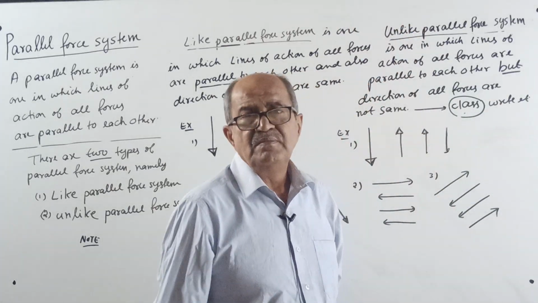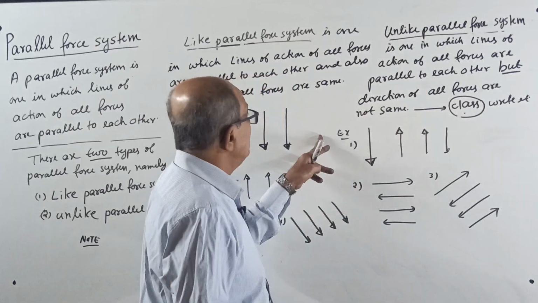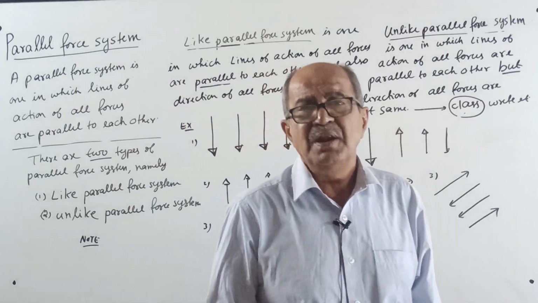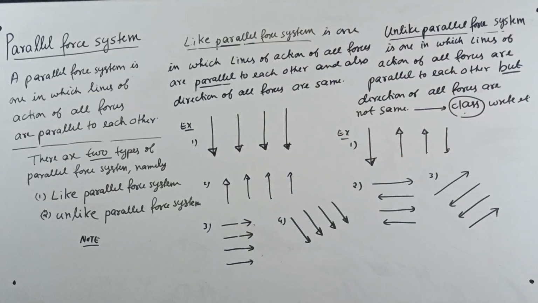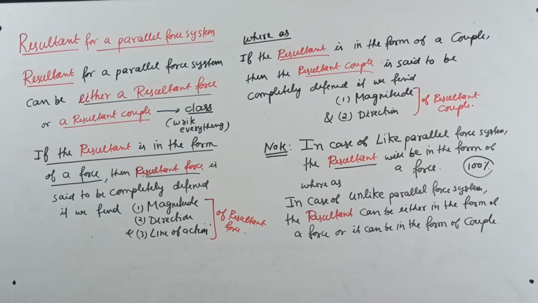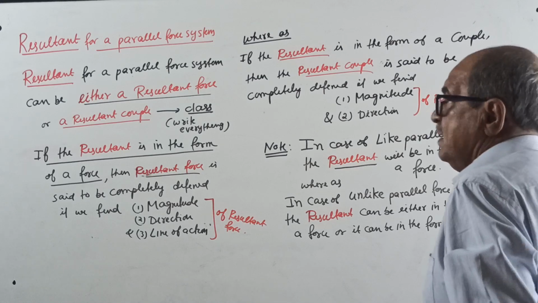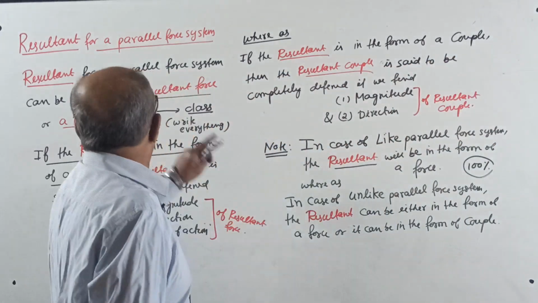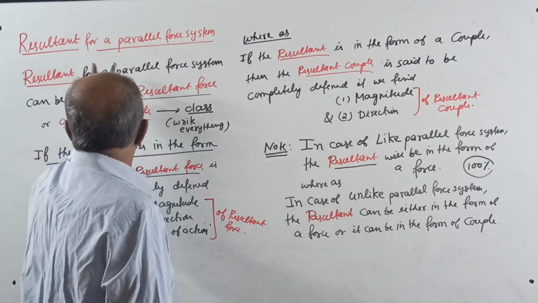Make a note. Now I will go for how to find the resultant for a parallel force system. Very simple. Now come to the resultant for a parallel force system.